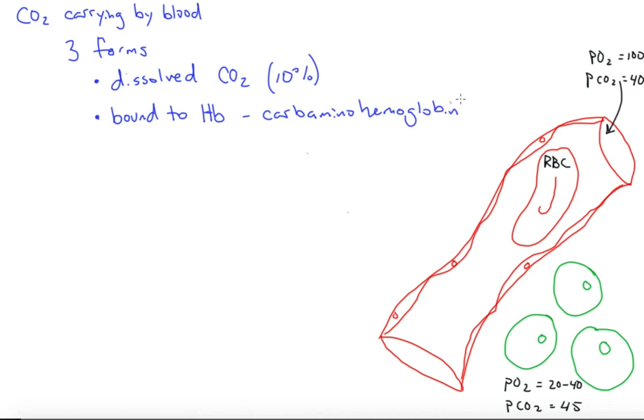And it's binding to particular side groups of the amino acids in the hemoglobin chain. We actually talked about this as well before, when we talked about oxygen carrying, because when carbon dioxide binds to hemoglobin, it actually changes the affinity for oxygen.